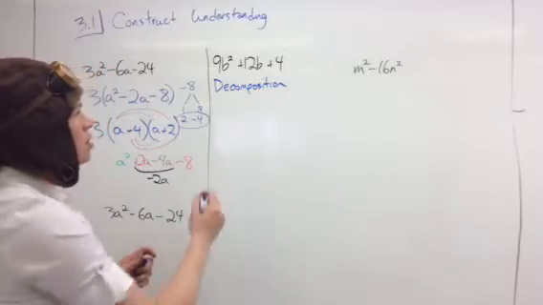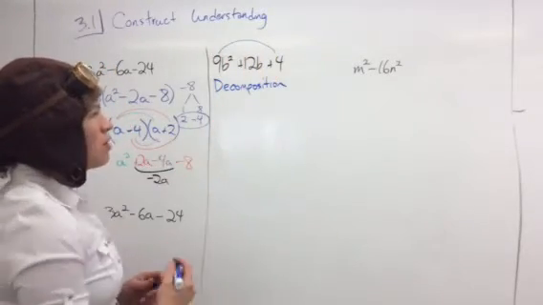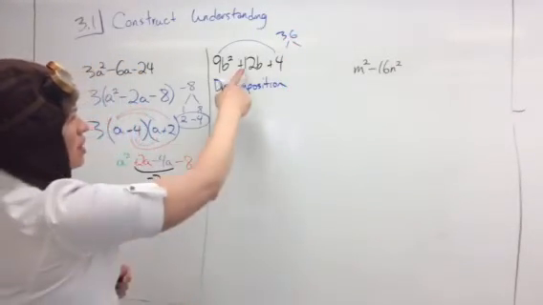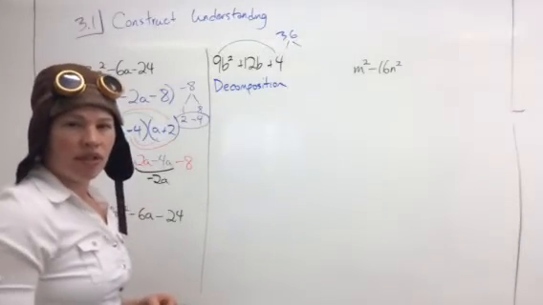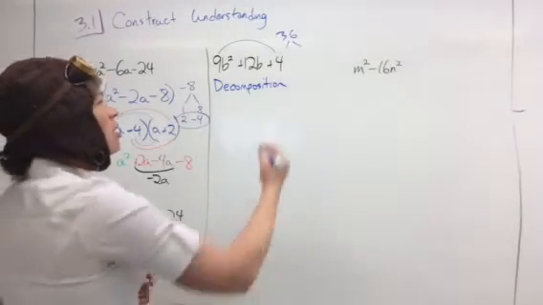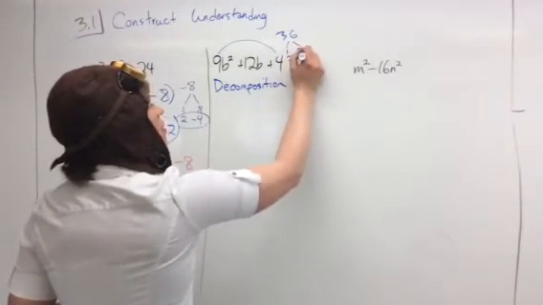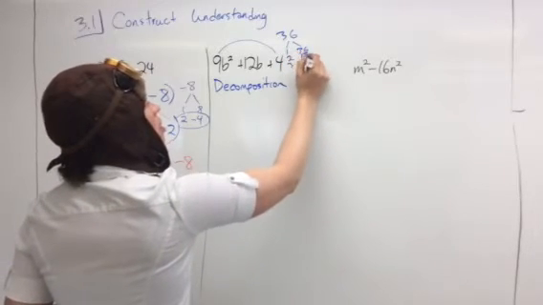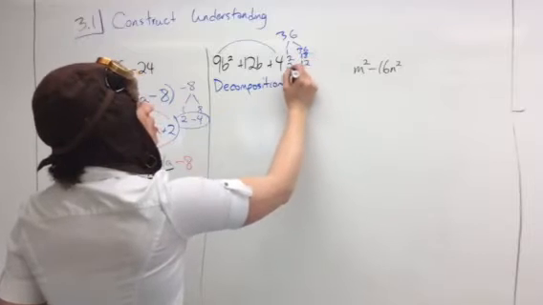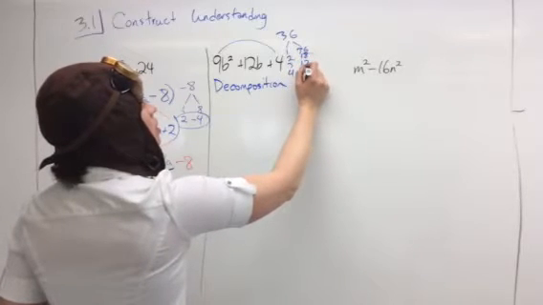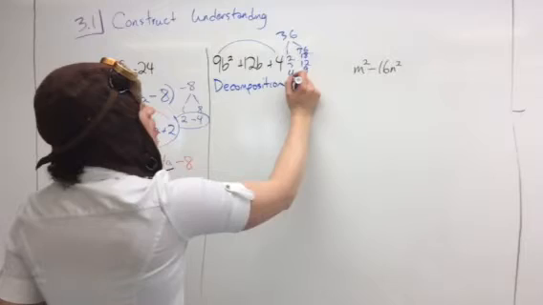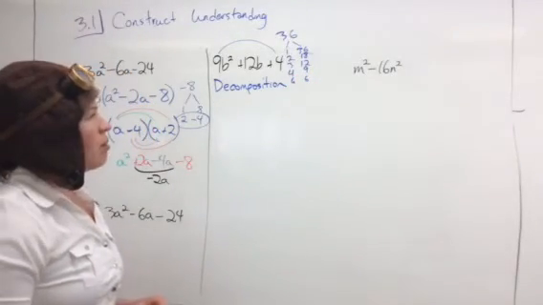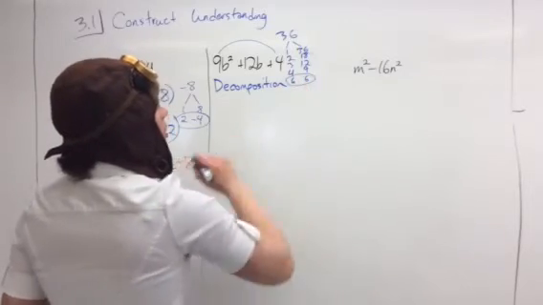So in decomposition, I'm going to go 9 times 4 gives me 36, and then I find the factors of 36 that add to 12. Fortunately, everything's positive, so that's not a big deal. 36 has a lot of factors. So I have to figure them all out, and if I add them up, there's one that adds to 12.